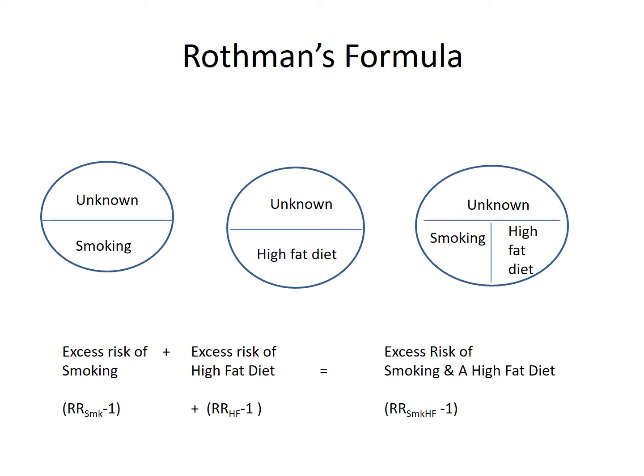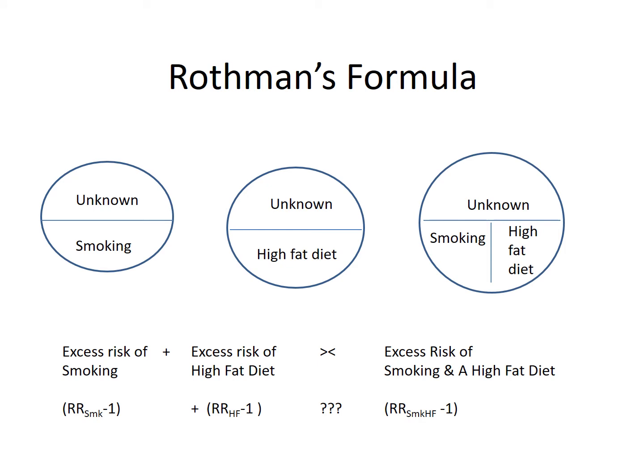Now, in the formula, you're going to see a couple of things that aren't completely reflected in these slides, and one is that we're talking in terms of a relative risk. So all three of these risk groups have to be compared to that same comparison. And the second thing is there is a -1 in each of these equations, and that allows us to talk in terms of excess risk.